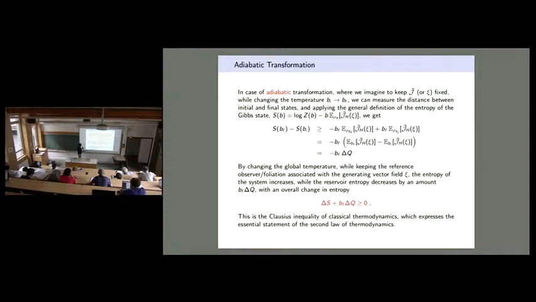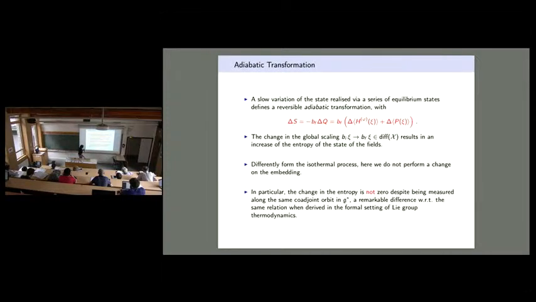This is standard, so you look at it and you understand. This is a Clausius inequality, and again, if you go by equilibrium steps, you get an equality. This is a bit different with respect to group thermodynamics, because here there is global information, which was not present in the case of the group.